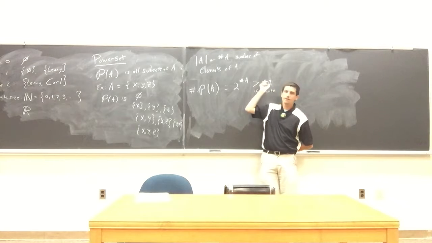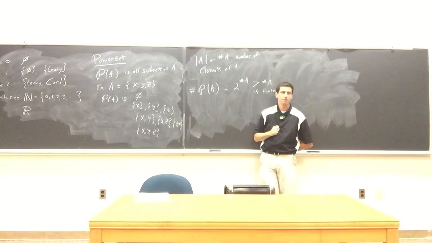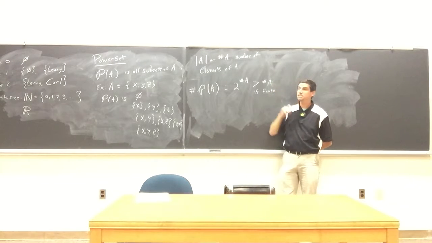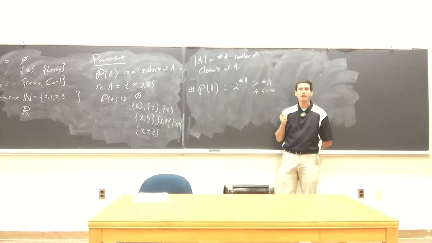Right? If A has only finitely many elements, 2 to any number is just larger than that number. You can prove that if you want as a little warm-up exercise. The amazing fact is that this still holds when you have infinite sets. So the cardinality increases.